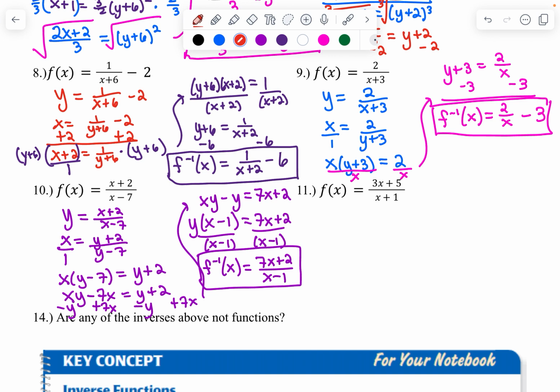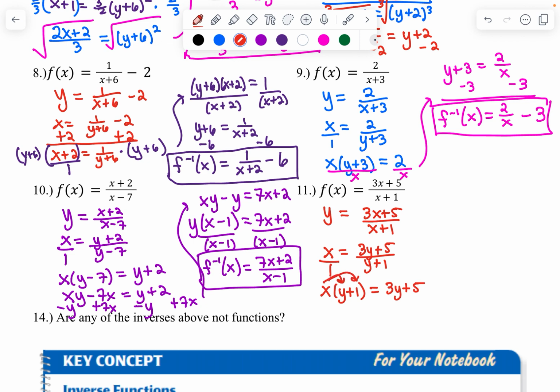So one more like that so you can see it again. So always replace f of x with y. And then we're going to swap x and y. And again, think of it as cross multiplying or just clearing out the denominator by multiplying both sides by y plus 1. But we should get x times y plus 1 equals 1 times 3y plus 5, which would just be 3y plus 5.